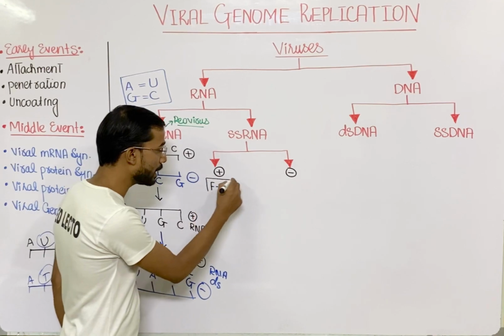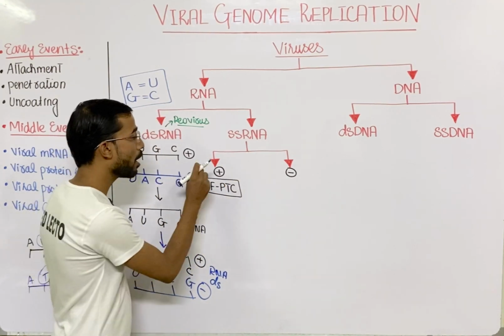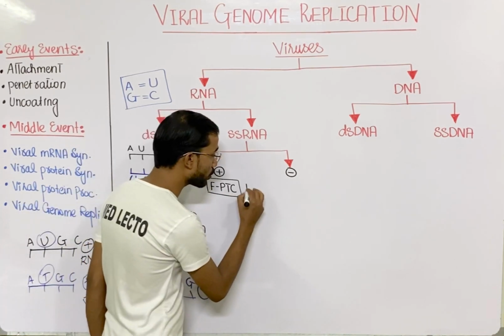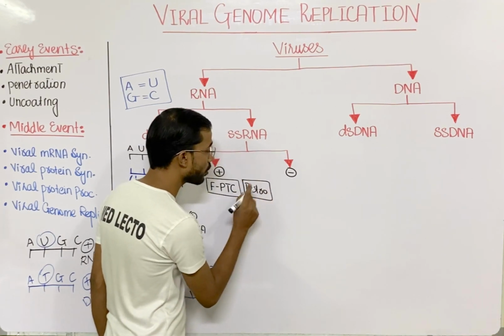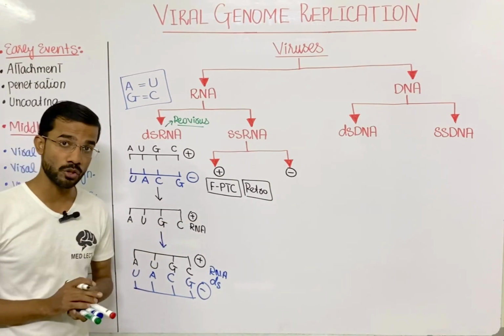All these families contain positive single-stranded RNA. Retrovirus also contains positive polarity single-stranded RNA, but there is an exception in the case of retrovirus.